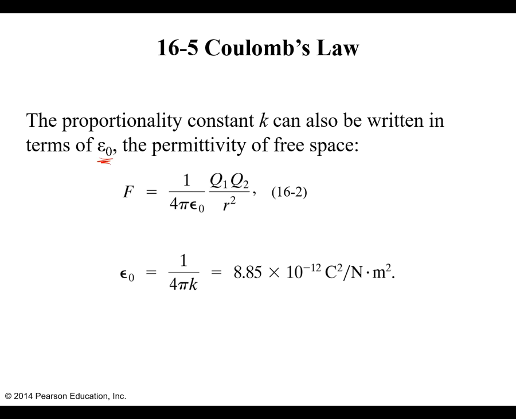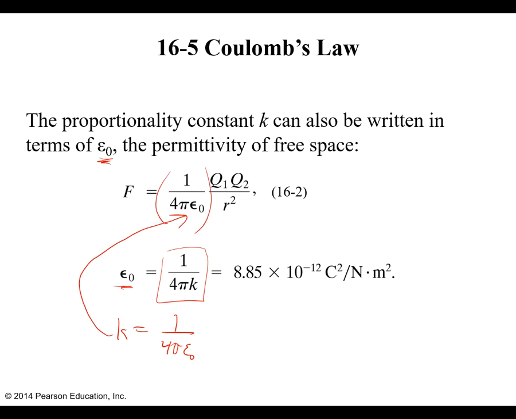So this is a very important number. And this constant epsilon naught is equal to 1 over 4 pi k. So if you solve for k, then k is equal to 1 over 4 pi epsilon naught, which is your k value right there.